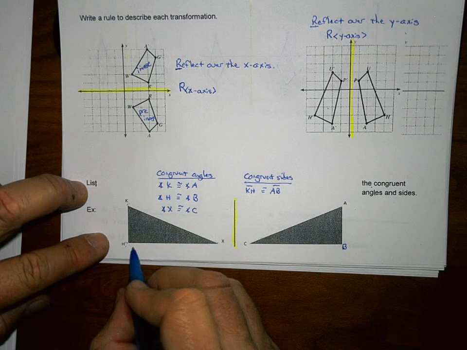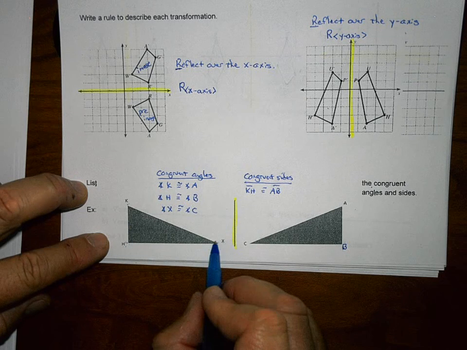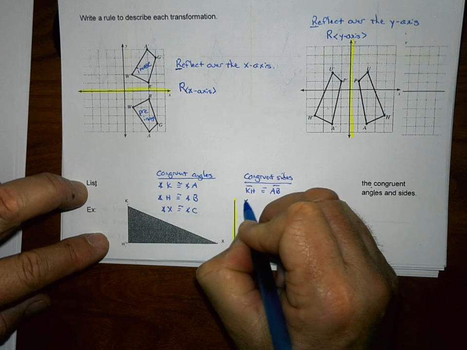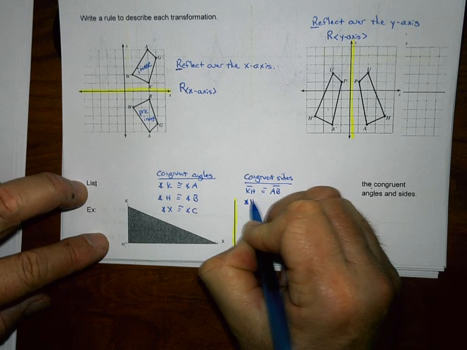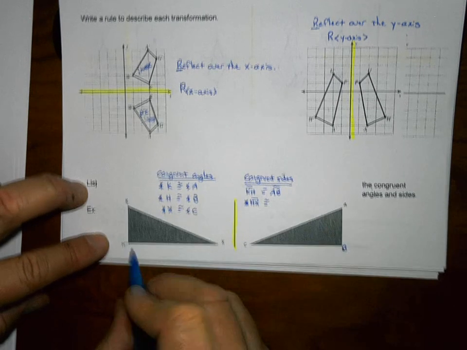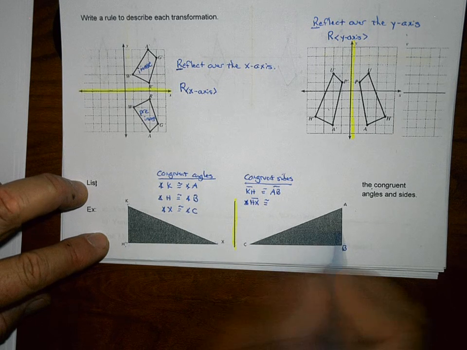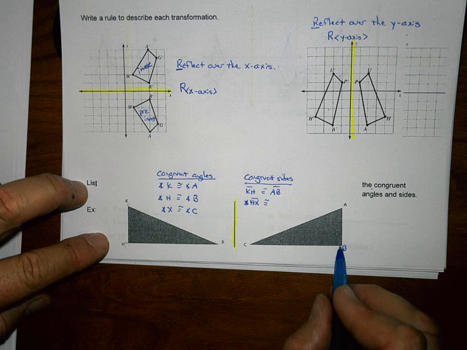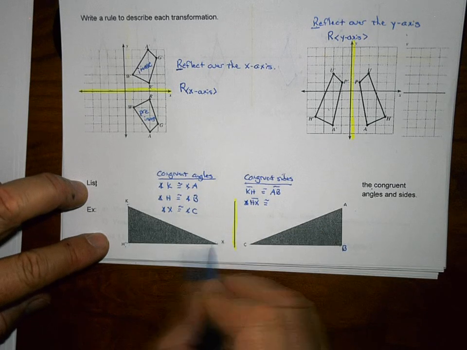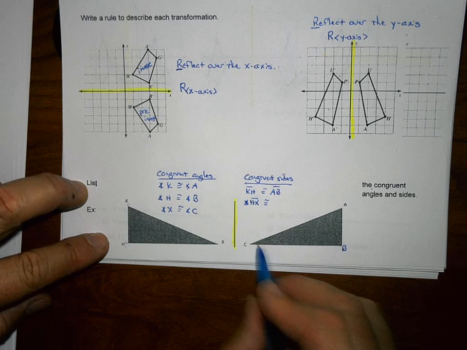How about side H to X? So what side would it be congruent to? Well, if I reflected it, where would H end up on top of? B. Where would X end up on top of? C. So that means side HX is congruent to side BC.